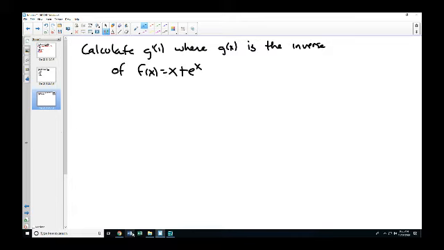Try to calculate the inverse, right? Can you isolate y? That's the question. You can't. Okay, we cannot calculate it algebraically.